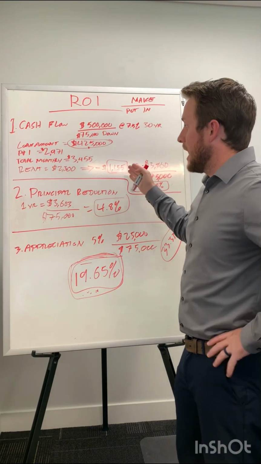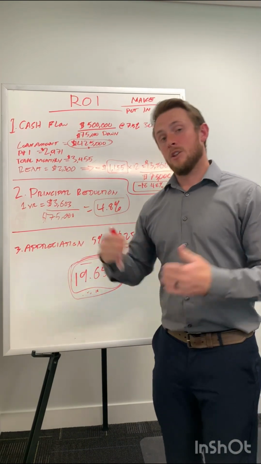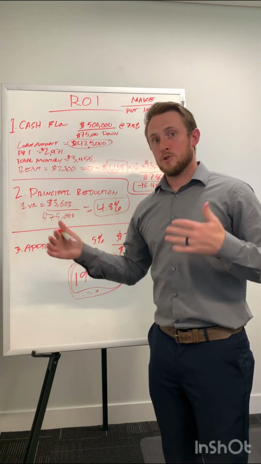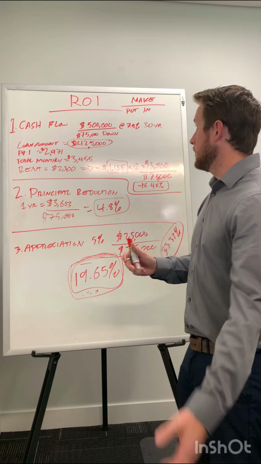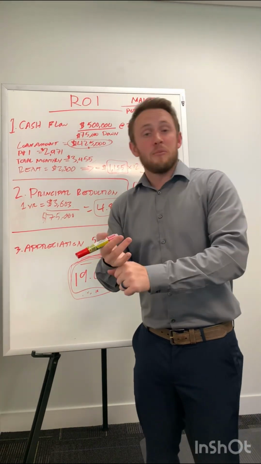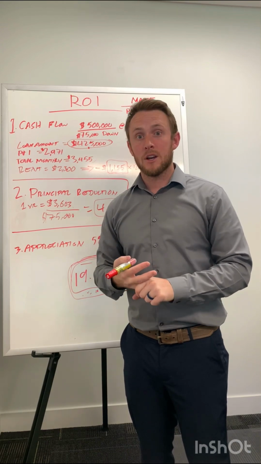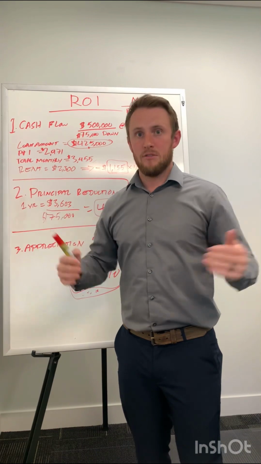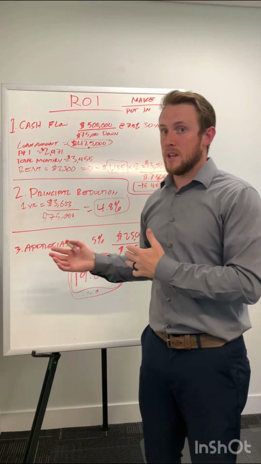If you're able to do that and make up that difference, then in the long term, it can be a great investment strategy for you. That's totally up to you. But based off these numbers, if that makes sense to you, I highly encourage getting more information, sitting down and talking with me, your lender, whatever other information you need. Go get it and figure out if this is the right thing for you.